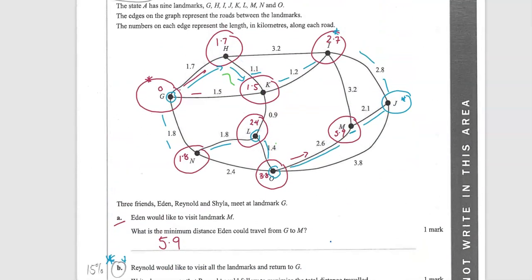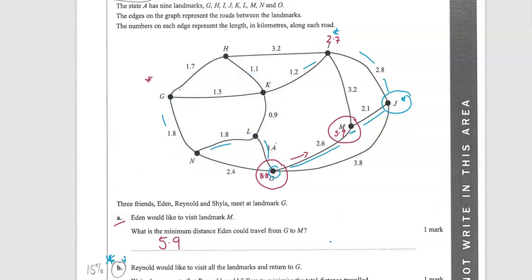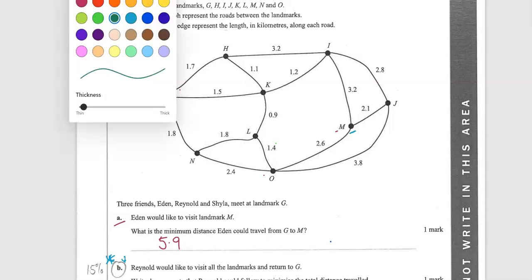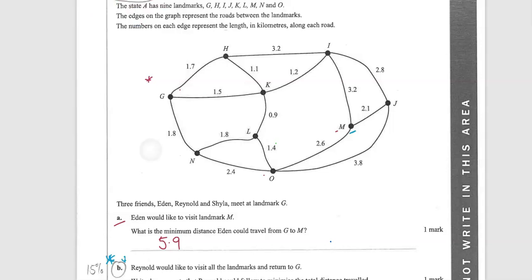Now, I'm just going to erase this out so that you've got a fresh look at the network, okay? Because we're now talking about a Eulerian trail, but we know it's not going to be possible. We have to walk along 2 twice. So first, let's get the degrees of all these vertices.